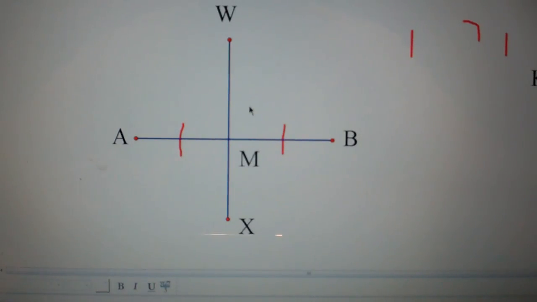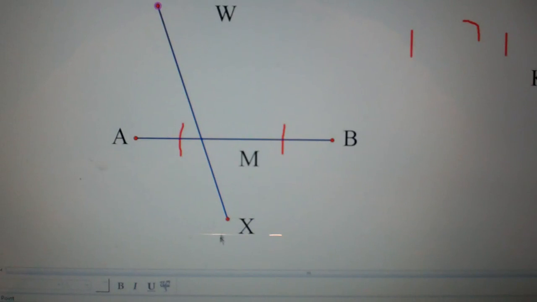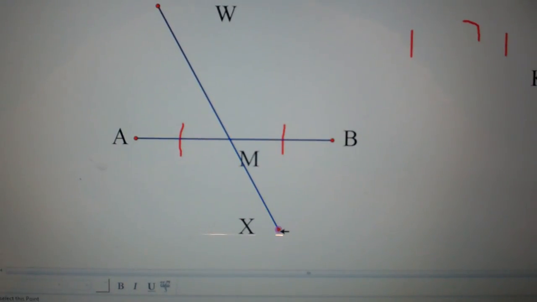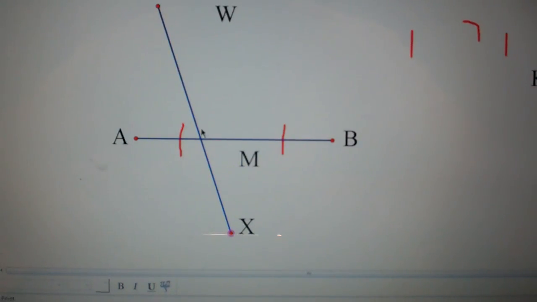Even though it may look like it, we cannot assume it, because we don't know if it's cutting at this kind of angle. It could still be cutting through the midpoint and be a bisector. So in this case, WX is still a bisector, but it's obviously not perpendicular.